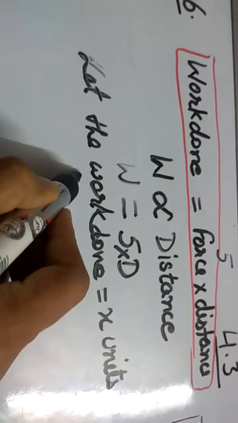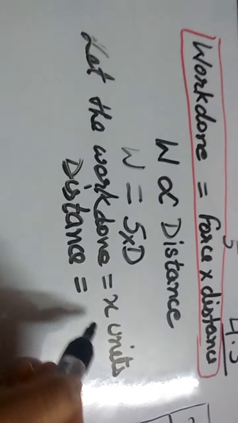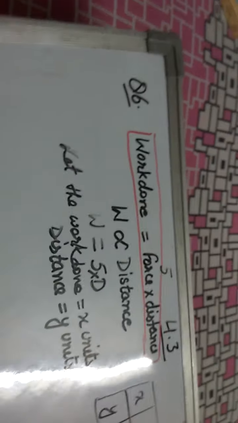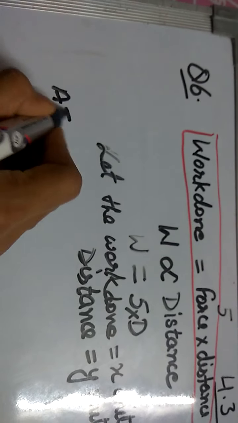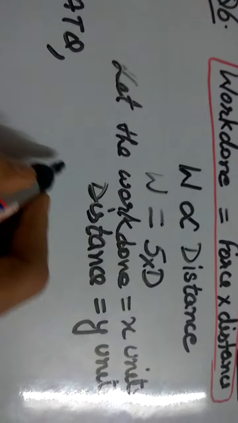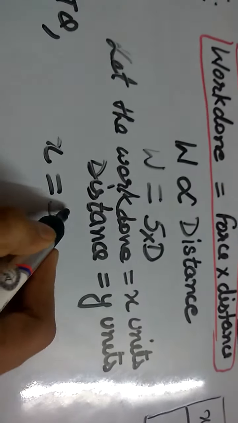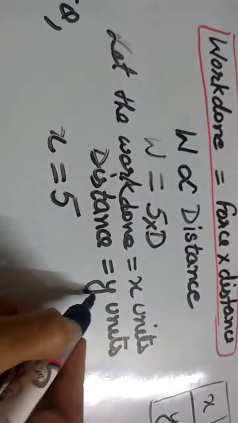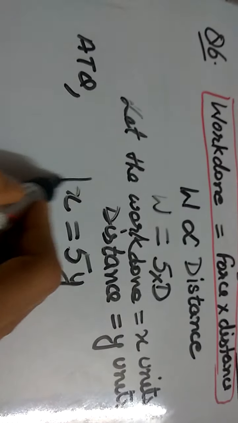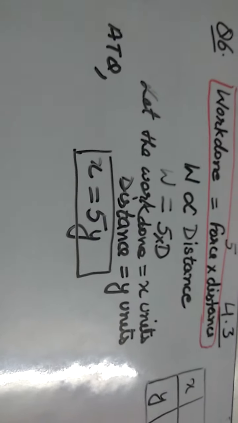And distance is denoted by y units. So our equation becomes W, that is x, is equal to constant force 5 units into distance y. So in this way, dear students, you will get the equation for this question.